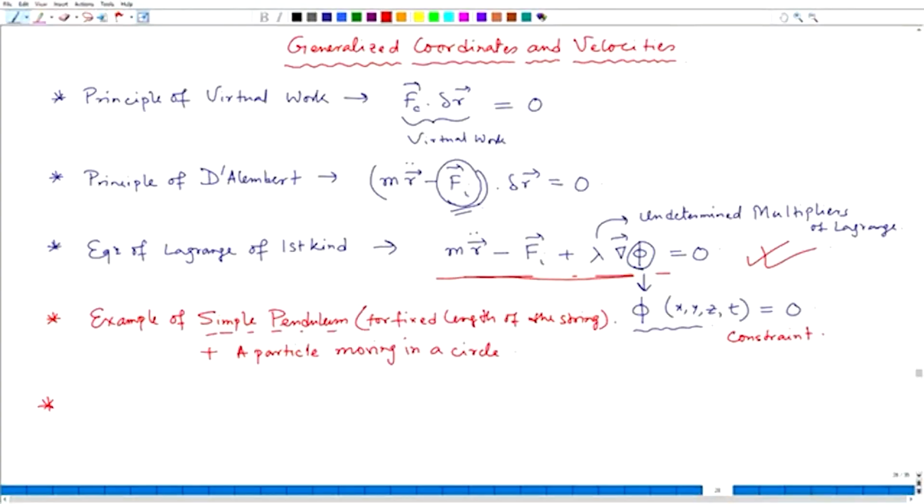So, you just have to remember that corresponding to each holonomic constraint, you should introduce one undetermined multiplier of Lagrange. If you have two such holonomic constraints, you have to introduce two undetermined multipliers corresponding to each constraint, lambda 1, lambda 2, for example.